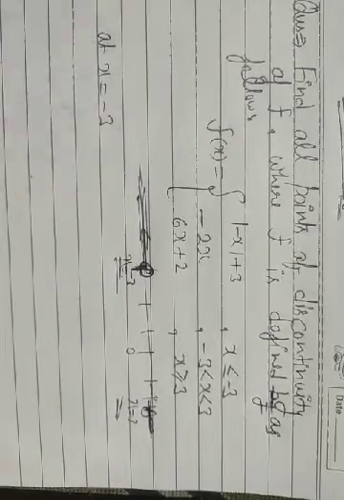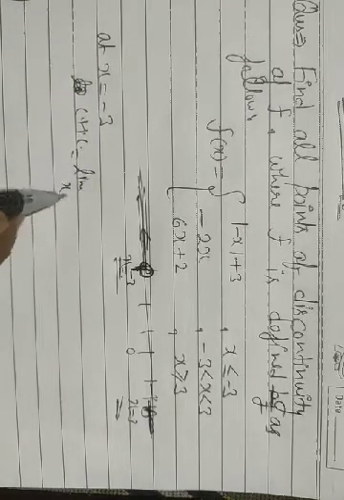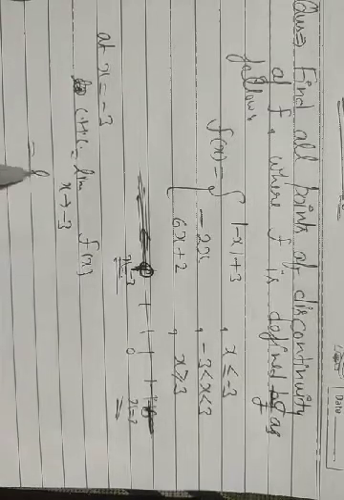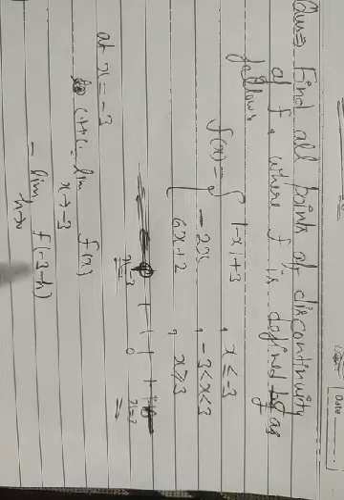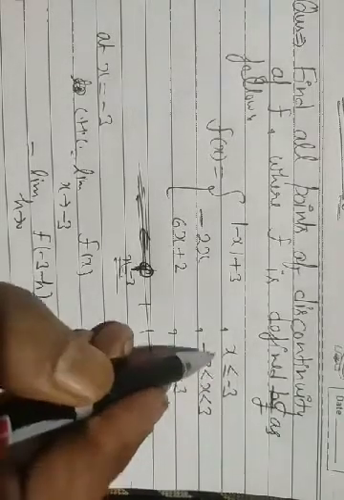We start with x equal to minus 3, with our left hand limit: limit as x tends to minus 3 of f(x), which is limit as h tends to 0 of f(minus 3 minus h). Minus 3 minus h means the point is less than minus 3, so we use minus |x| plus 3.